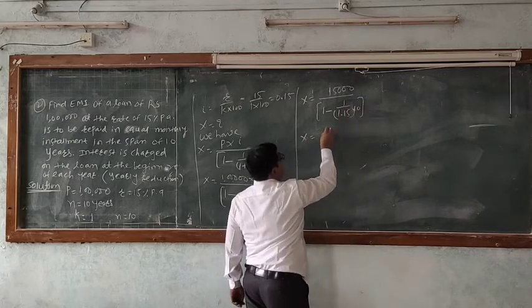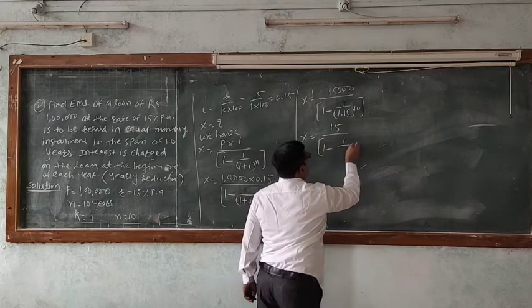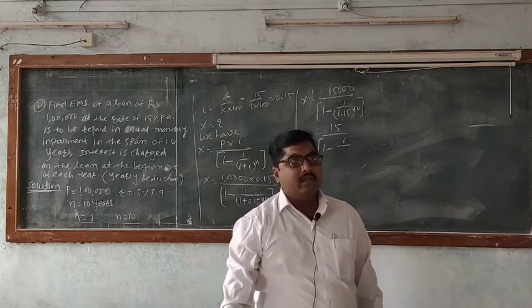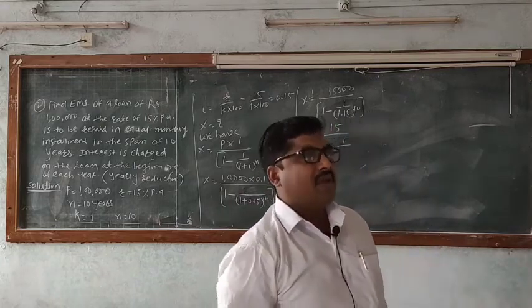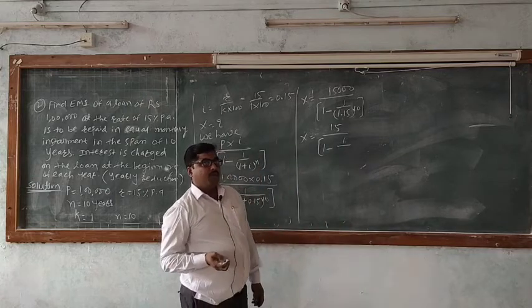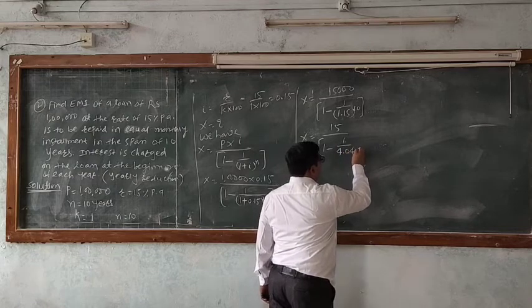So x equal to 15,000 upon 1 minus 1 upon this 1.15 raised to power 10. By using the calculator or the given value, this is 4.0455.